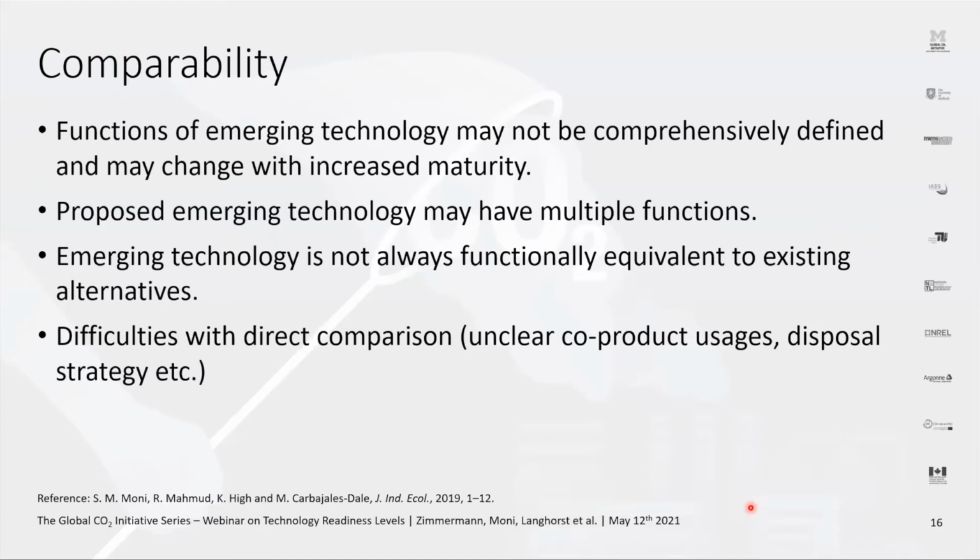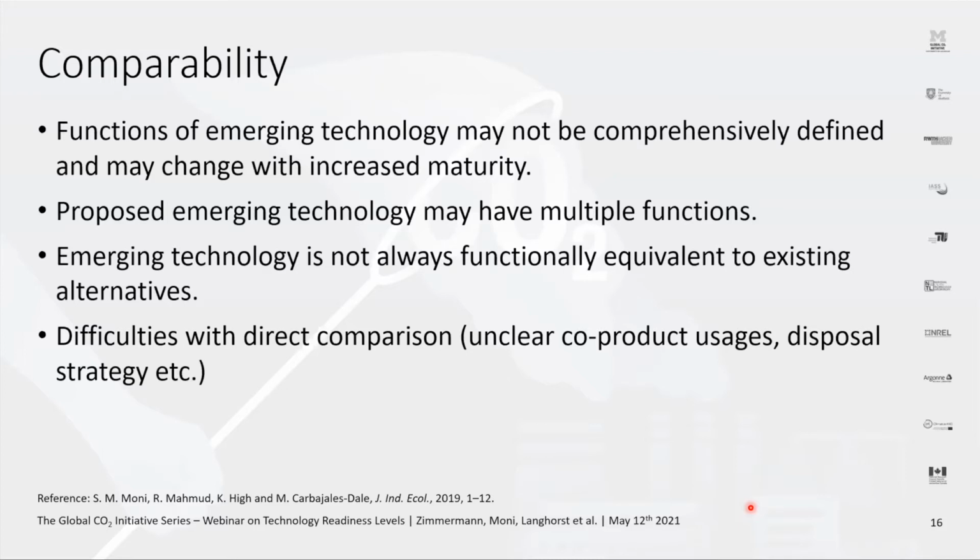It may have unique functions or other functions, so it creates multifunctionality problems. The proposed emerging technology may have multiple functions, and that needs to be considered while comparing with an existing technology or existing alternatives.